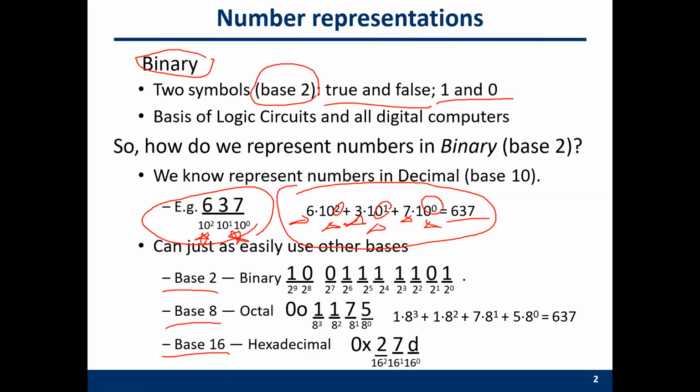Again, we need to write the base for each position like this, from 2 to 0 to 2 to 9. We have 10 digits here. Also from 8 to 0 to 8 to 3. So you can compare this equation against this one. The only difference between these two is the base here. This is base 10. This is base 8.